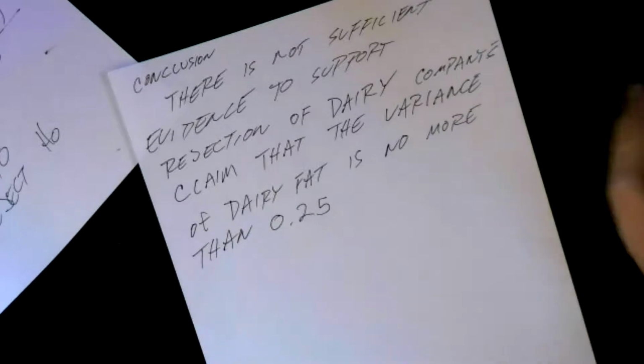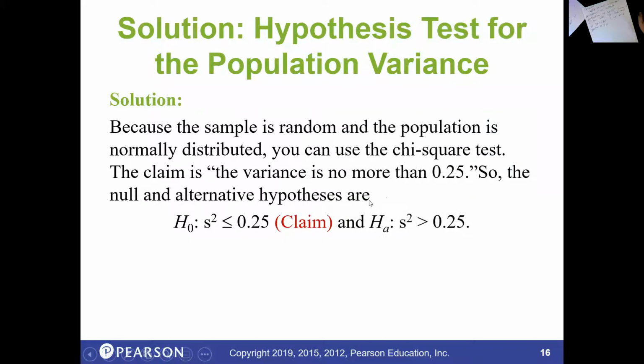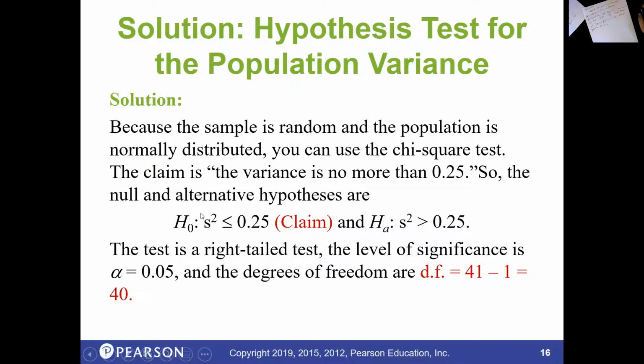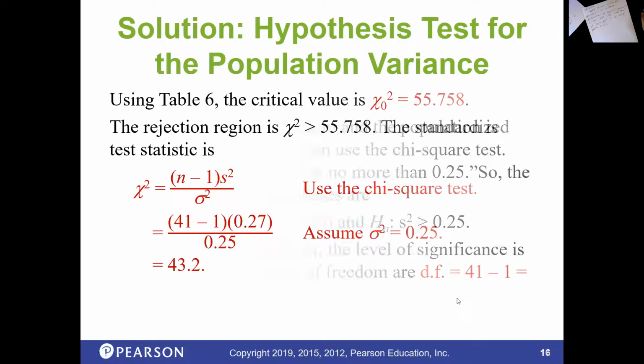Okay, let's go back to the text. Now, this is a typo here in the text. They use S squared. That is incorrect. We need sigma squared to represent the population variance. So we have the alpha value and we have degrees of freedom.